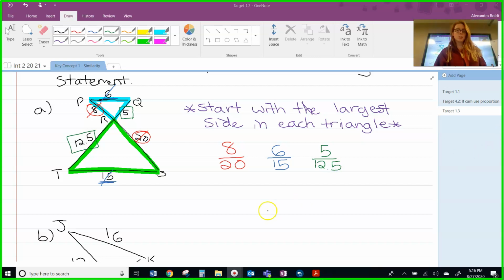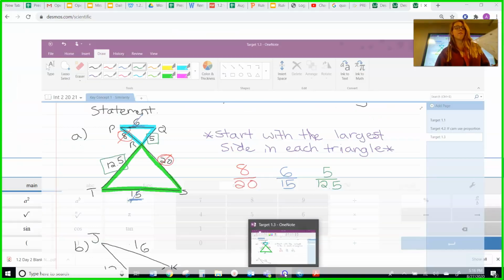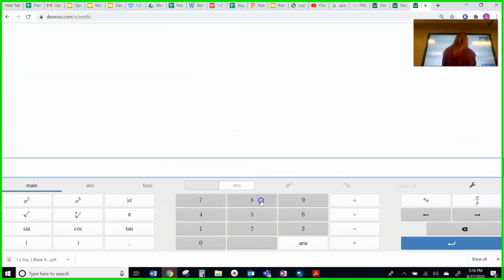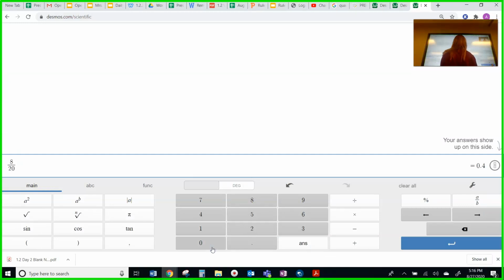If these fractions are equal, so I'm just going to use my graphing calculator. So I have 8 divided by 20. And I'm just going to give it as a decimal. That's fine.